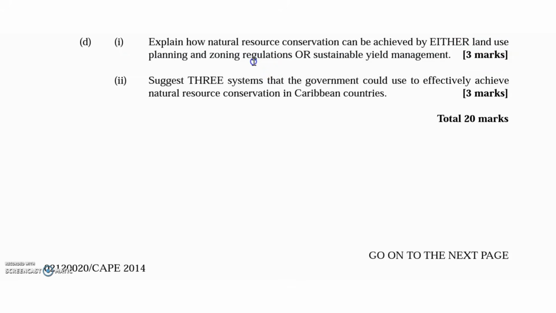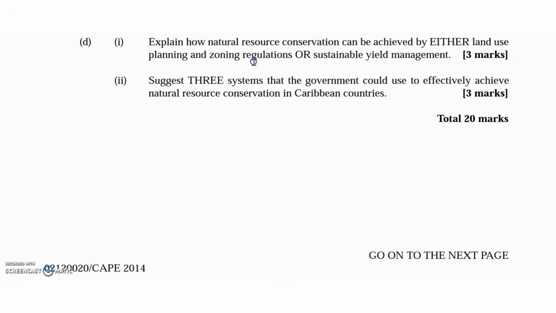Land use planning and zoning regulation is associated with specific demarcated areas, which are established boundaries beyond which you don't have much developmental activity, or any developmental activity. Technically, these zoning regulations and land use planning initiatives will provide a much more accountable approach in terms of the resources being extracted from specific areas.